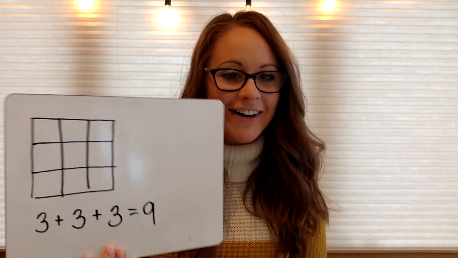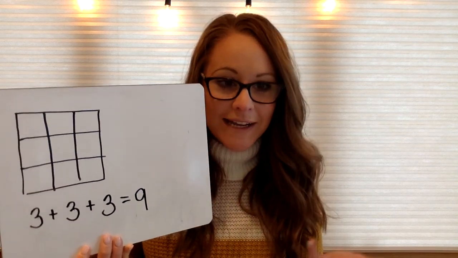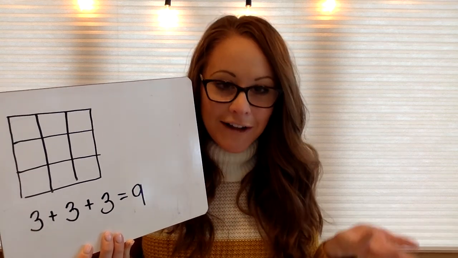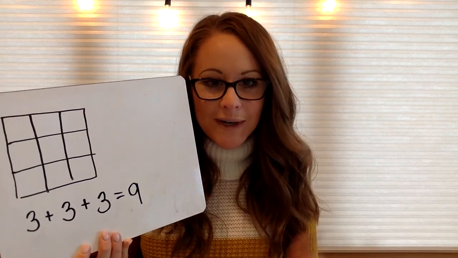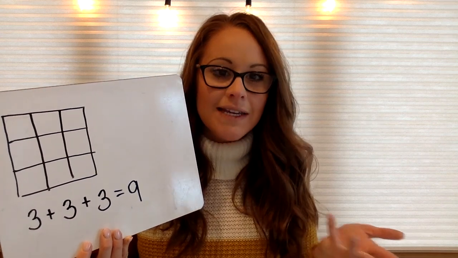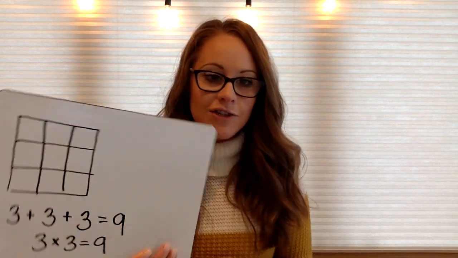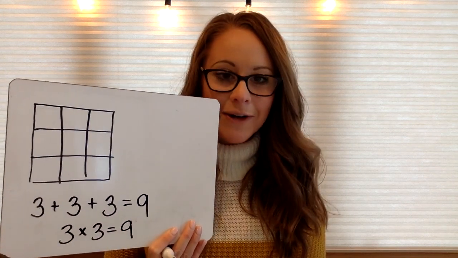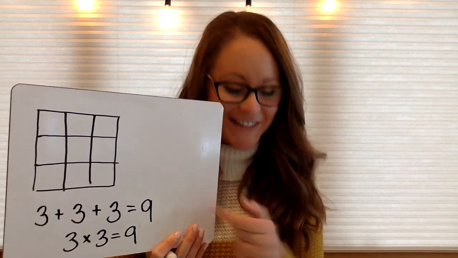Okay, so what shape is the array now? It is 3 plus 3 plus 3. Now we have 3 rows of 3 and 3 columns of 3. And so, what is another way we could say this? We could say 3 times 3, right? And that equals 9. Parents, just so you know, in my answer key, mine says 12 right now, so the real answer is 9. All right, awesome job.